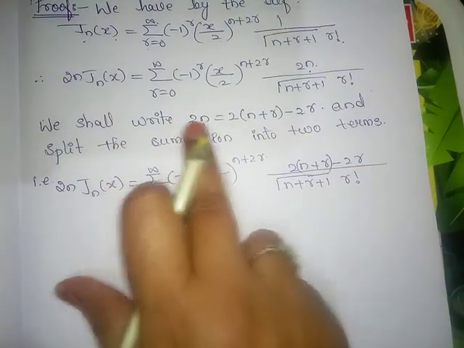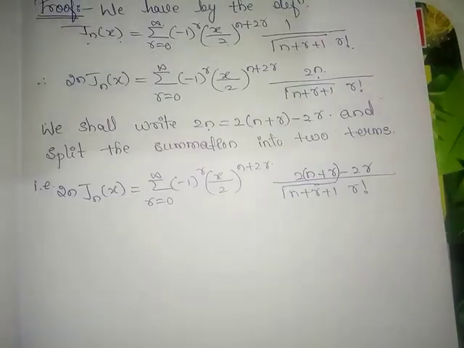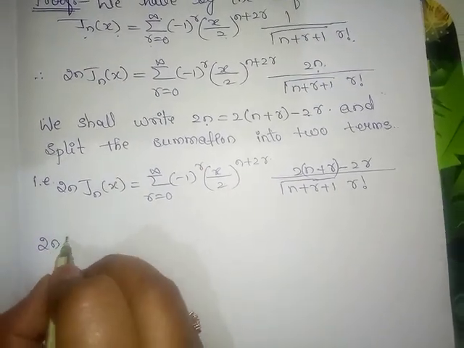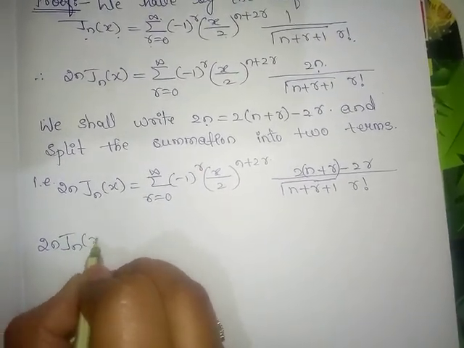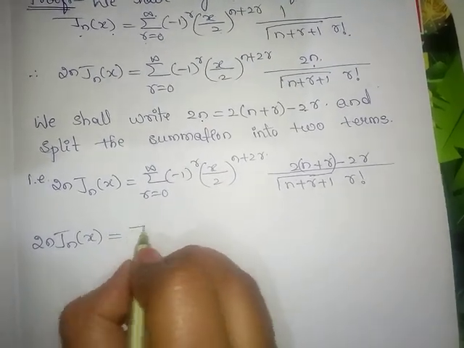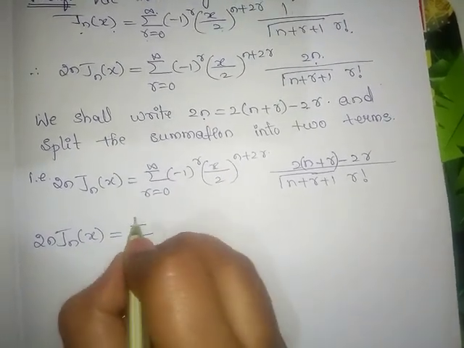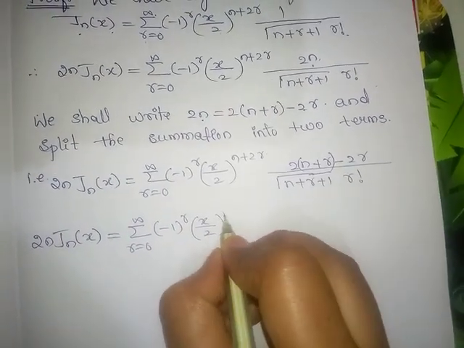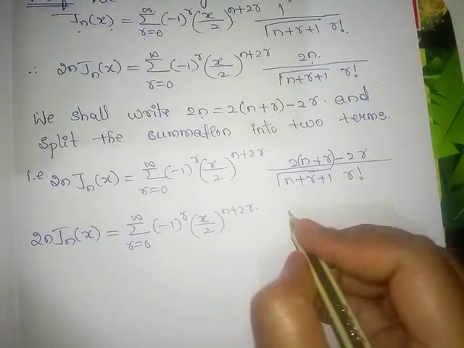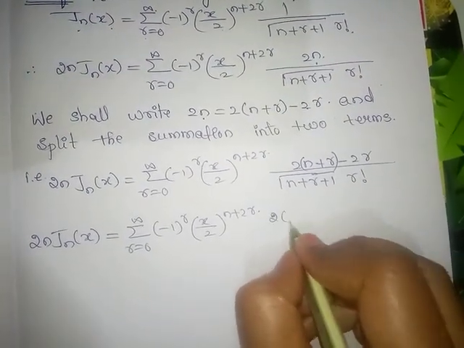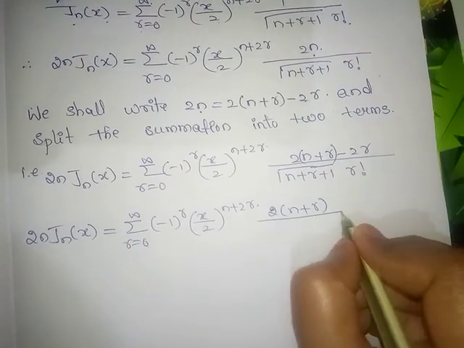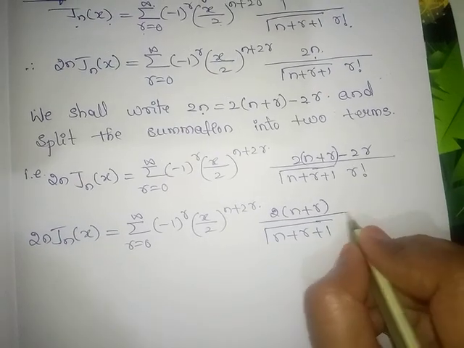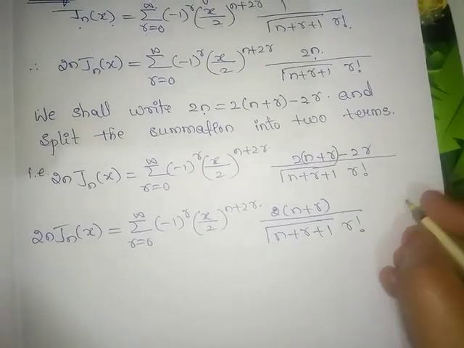This is the expression after substituting 2n as 2 into n plus r minus 2r. Now I will split that expression. 2n into Jn of x is equal to summation r running from 0 to infinity of minus 1 raised to r, x by 2 raised to n plus 2r, into 2 into n plus r, divided by gamma of n plus r plus 1 into r factorial. This is the first term.